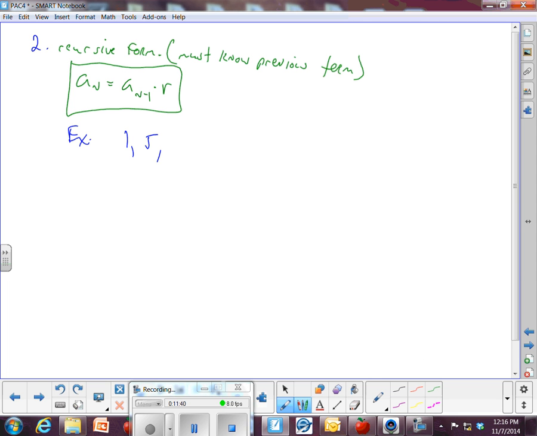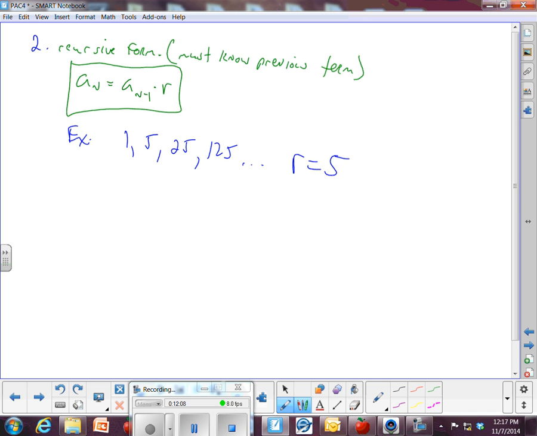No, we're geometric. 1, 5, 25, 125. It would be 625 next. Okay, let's go ahead and just list out r. So r is going to equal what? Say it if you know it.